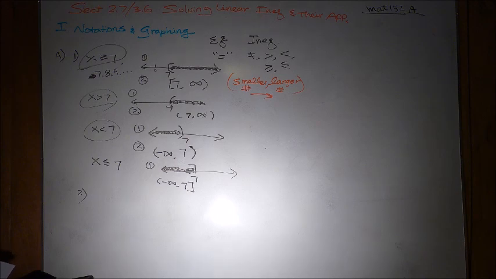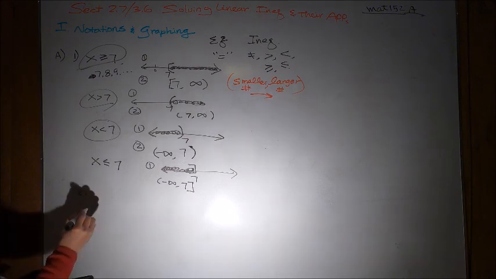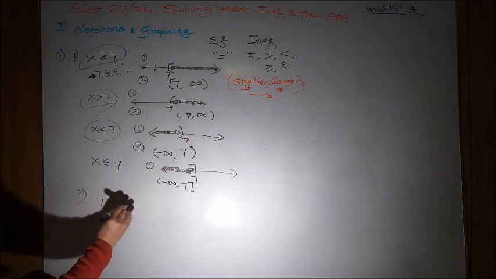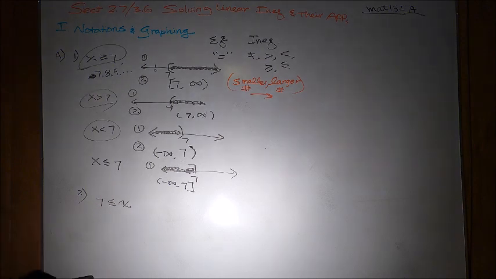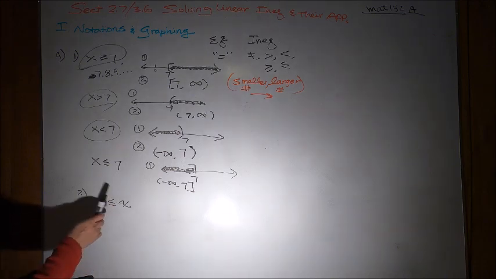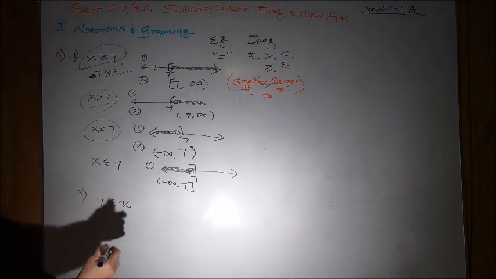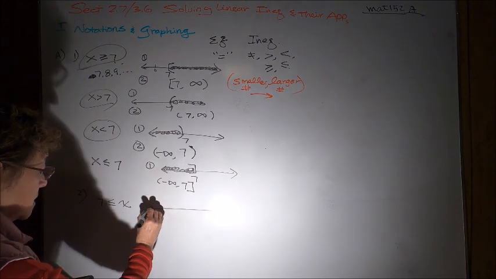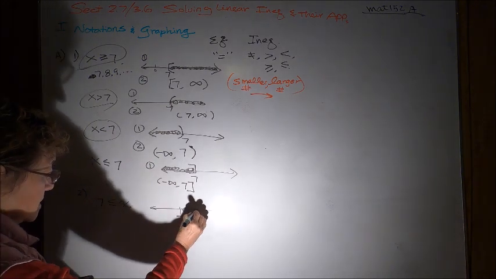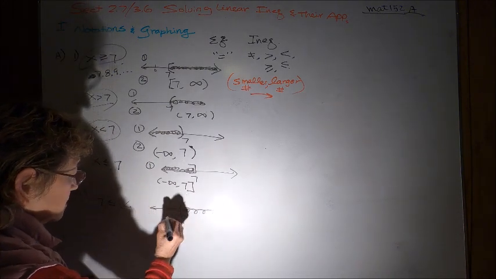If we have this, 7 less than or equal to x, that means to find the answers where x is bigger, right? So you know it's this way. That's 7, x is right here, right?